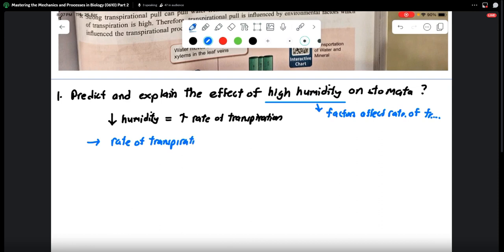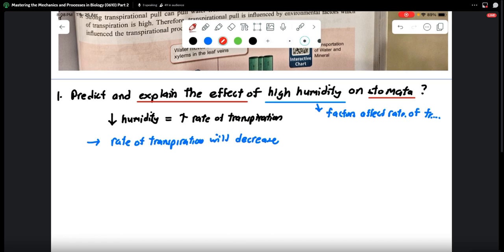Transpiration will decrease. Okay, you satisfy this part of the question now. Now the question wants you to explain the effect on the stomata. So this question you cannot simply memorize and then vomit out into this question.